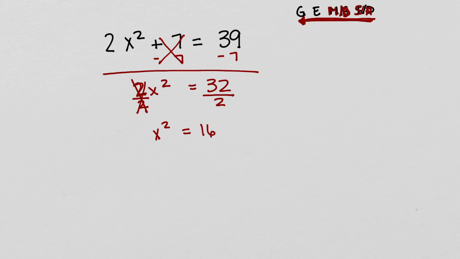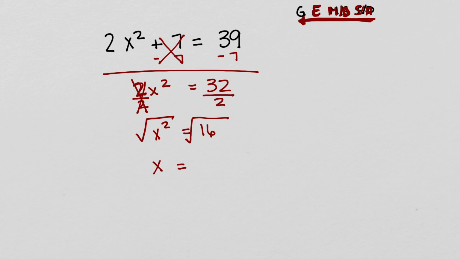Now, because we're still going in our reverse or inverse order, we look for exponents. And we have learned to solve by taking the root. So if I take the square root of x squared, and the square root of 16, this cancels out, and on the left side, I just have x.